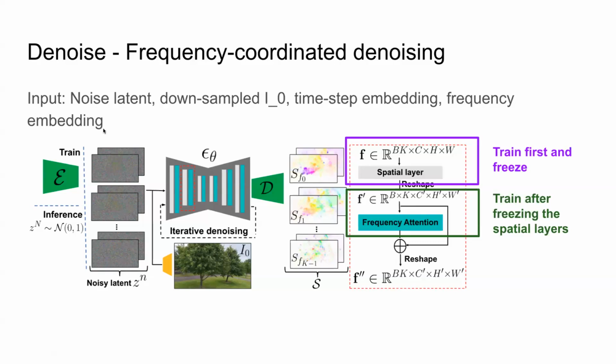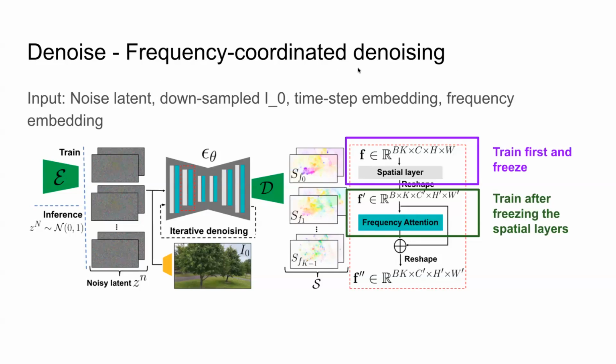After the denoising, the output is a picture in the future, so it wants to capture the frequency, the motion. The author called this module frequency coordinated denoising. I will give a quick explanation about why it is called this way.